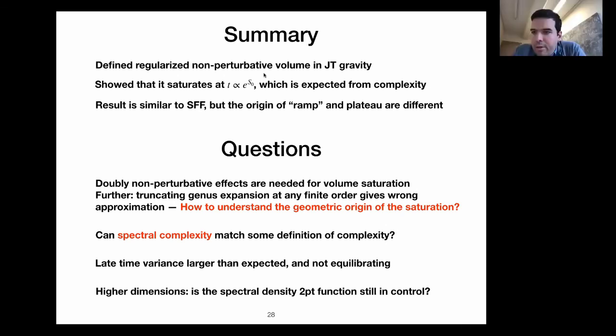Yeah, so let's start with large N. Large N is needed for this quantity to grow for a parametrically long time, since the entropy scales like N squared. Large K is not enough for it to grow for a long time.